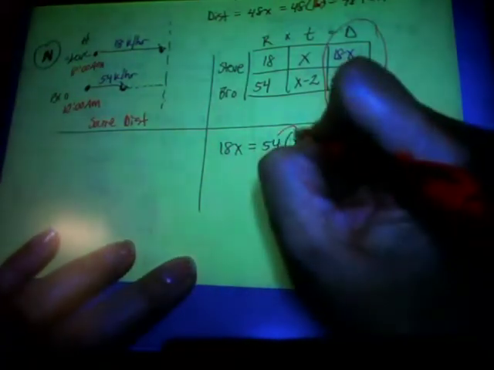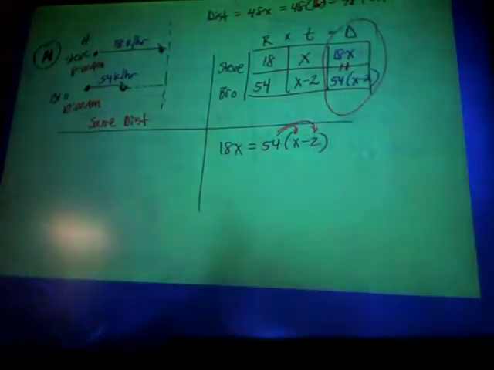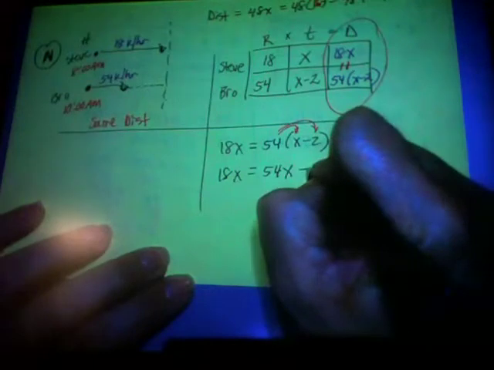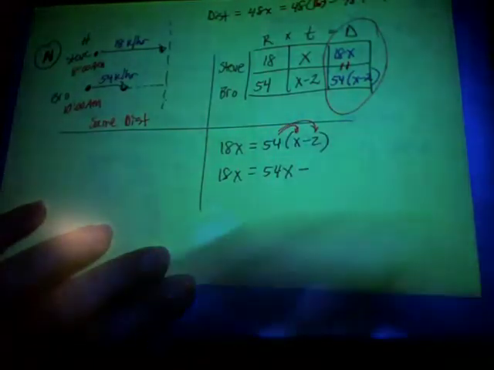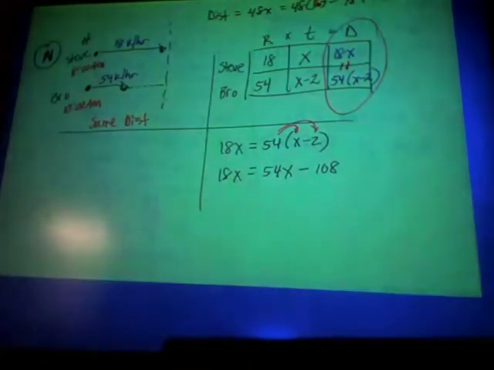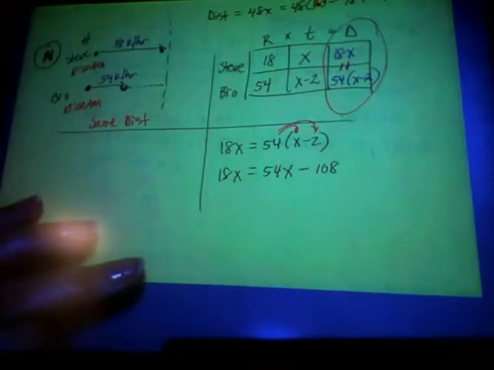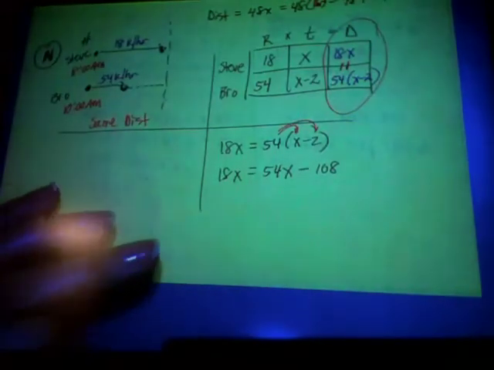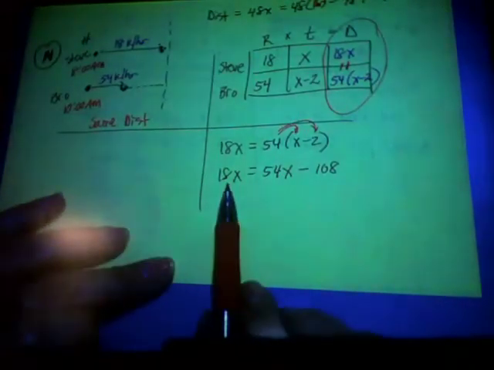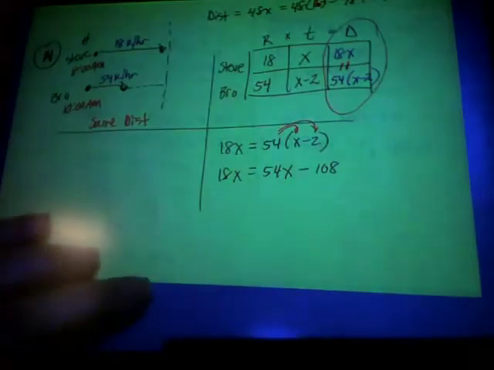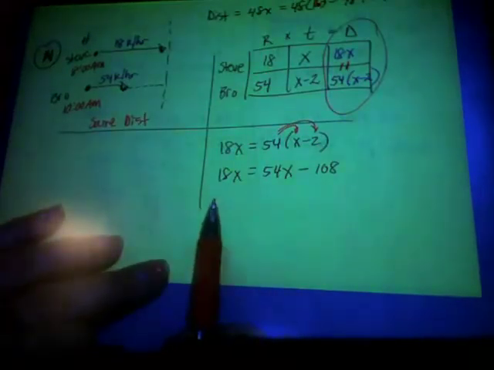Don't we distribute first? So 18x is equal to 54 times x is 54x minus, what's 54 times 2? 108. Now what do I do? Okay, so my like terms are 18x and 54x. This one's smaller, right?